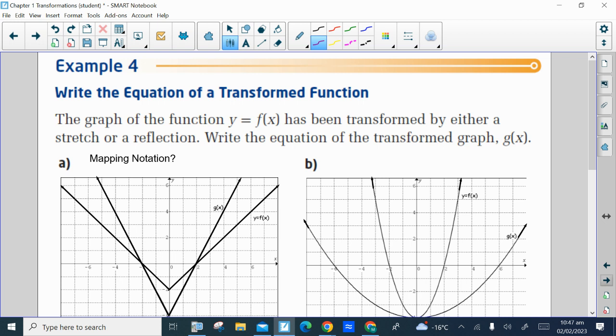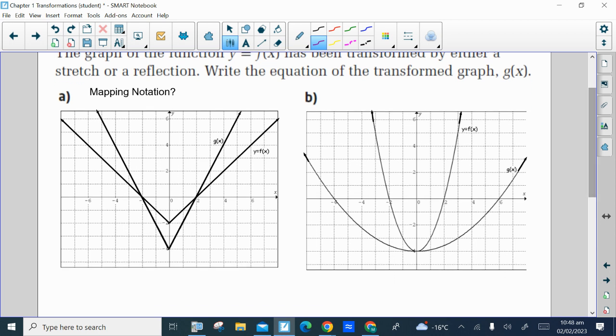So sometimes you're going to be asked to write the equation of a transformed function. So some might look at this and say, well, how do you know? What is it being stretched about? It hasn't been reflected, but what is it being stretched about? And remember, the key is where are the invariant points?